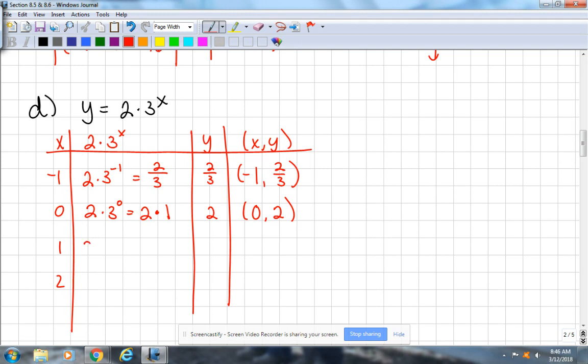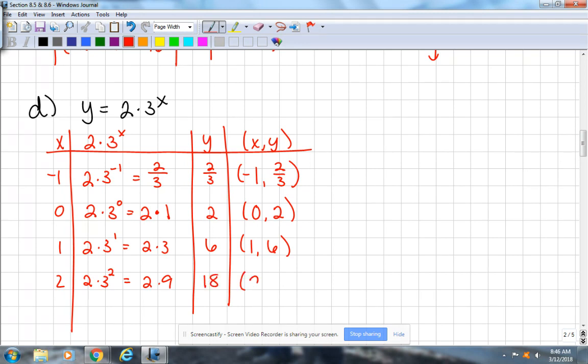And then I have 2 times 3 to the first power. Exponent first. What is 3 to the first power? 3. And so what is 2 times 3? 6. And then last I have 2 times 3 squared. Exponent first. What is 3 squared? So that's 2 times 9. What is 2 times 9?